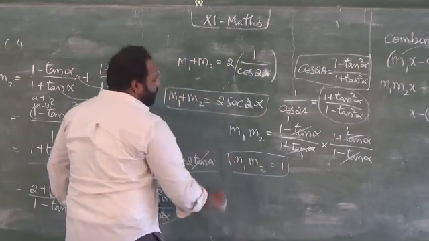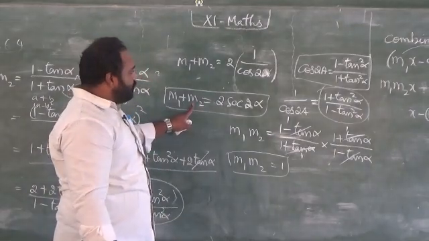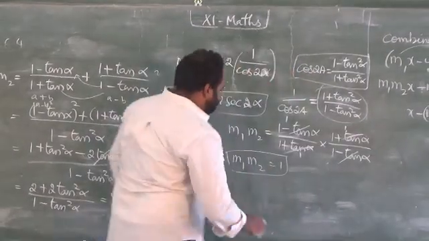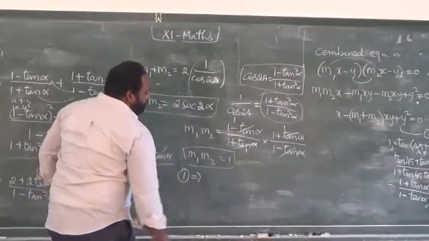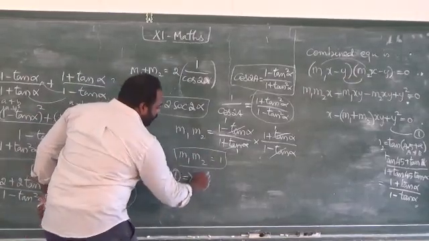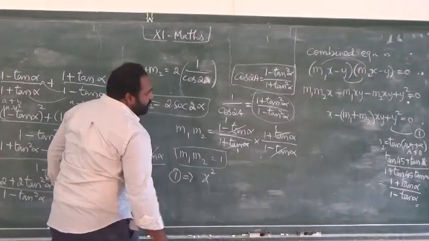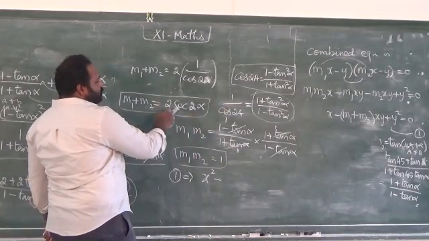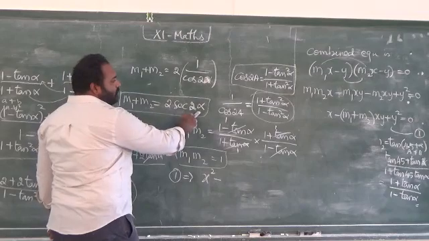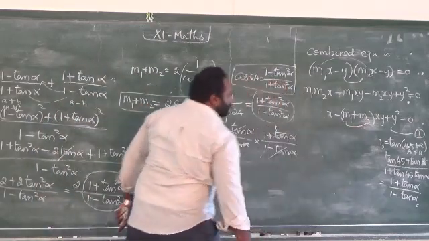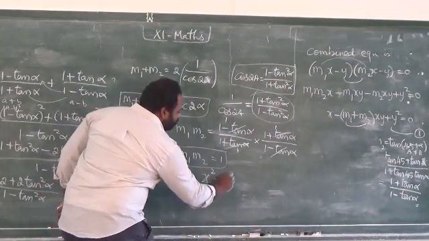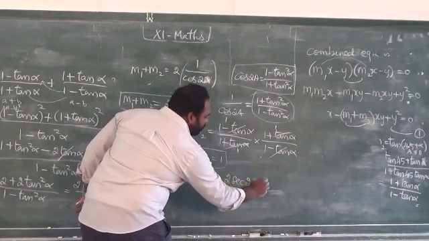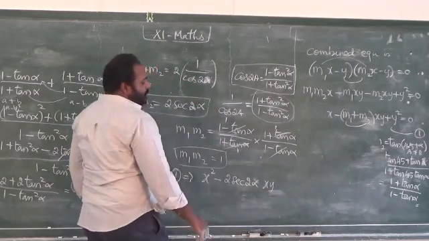Now I am going to apply the M1 M2 value and the M1 plus M2 value in equation 1. If I substitute M1 M2 as 1, and instead of M1 plus M2 I substitute 2 secant 2 alpha, we get x square minus 2 secant 2 alpha xy plus y square.